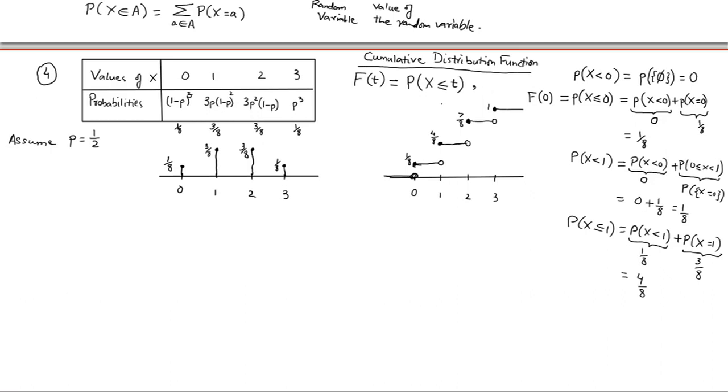So it's a sum of all the probabilities of the random variable less than or equal to t, and t can be any real number. Okay. So let me encircle this just to show you that this is important. This is the cumulative distribution function. Okay.